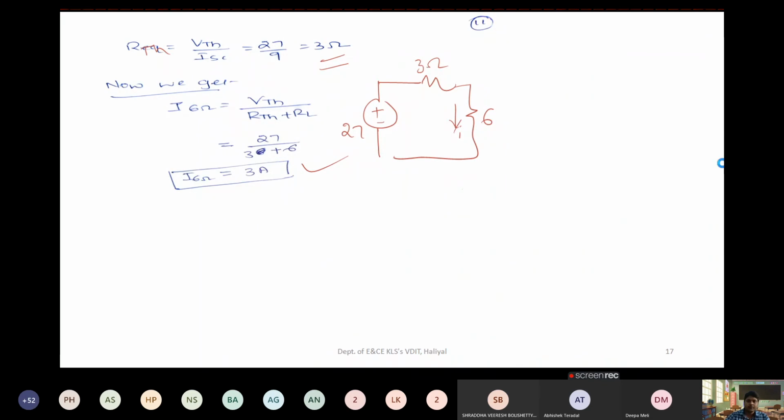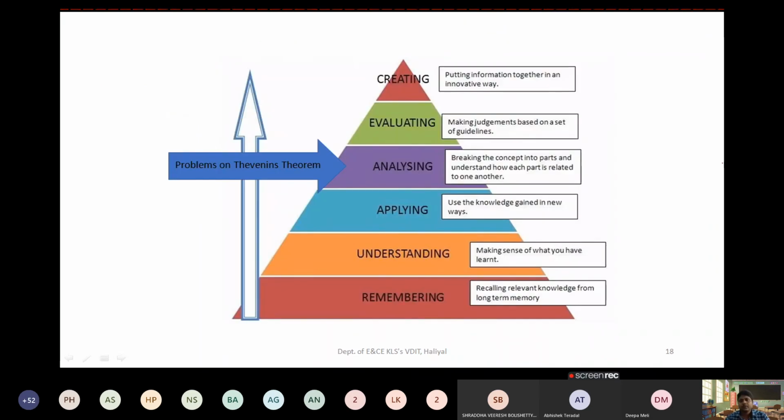We have discussed 5 problems. See, in every lecture we are including this triangle. This means they are the Bloom's levels. Since yours is outcome based education, whatever you are doing, you have to check whether you are using all these things.